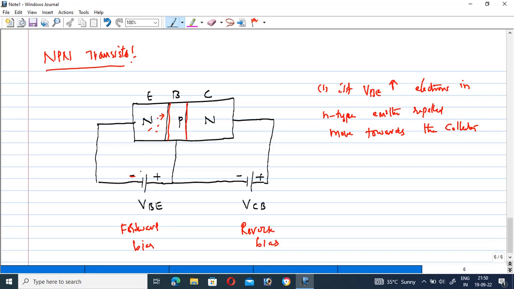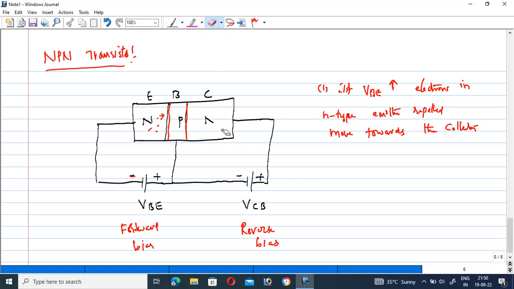So when the VBE voltage increases, the negative electrons cross the base region and enter the collector region. Here the positive terminal attracts the electrons in the collector region. Therefore, the current is passing in this direction.